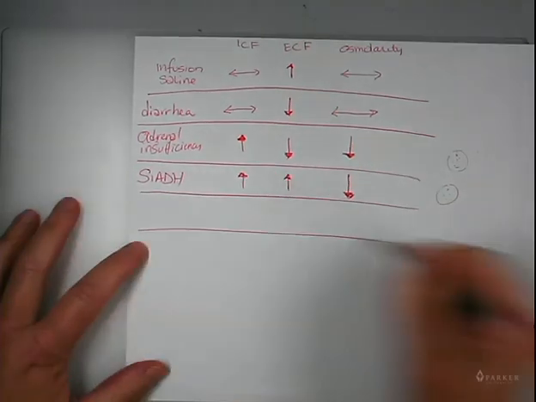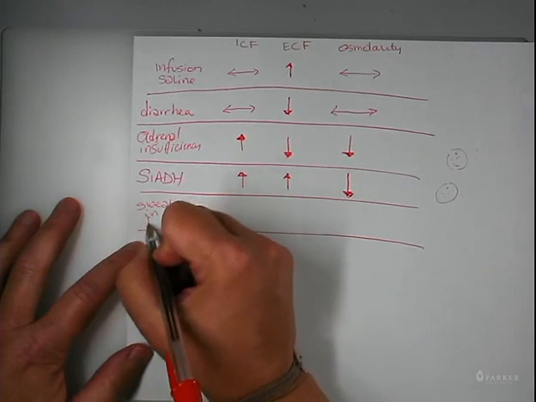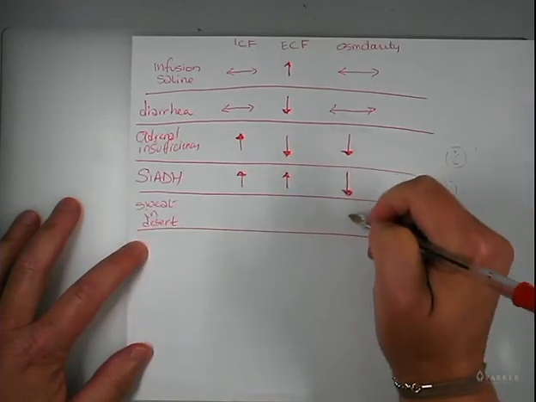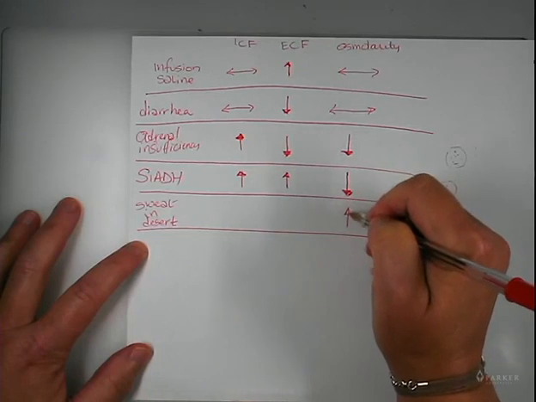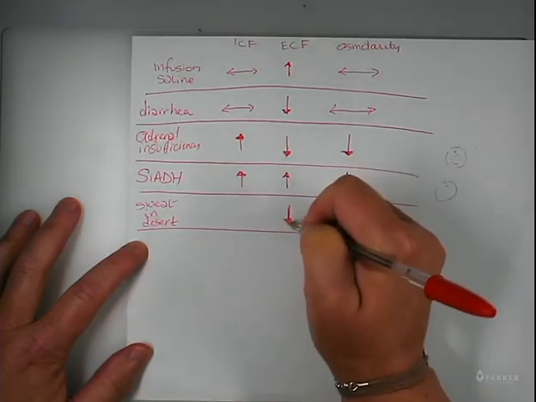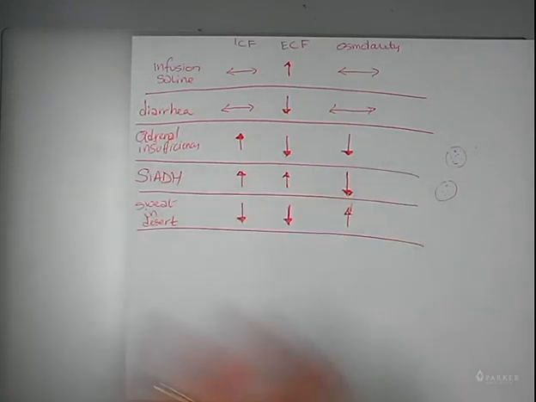Then were they sweating in the desert? Osmolarity increases, ECF down, ICF down. And our last one, what was the last one? Oh, yeah.